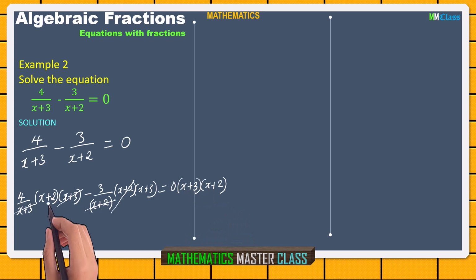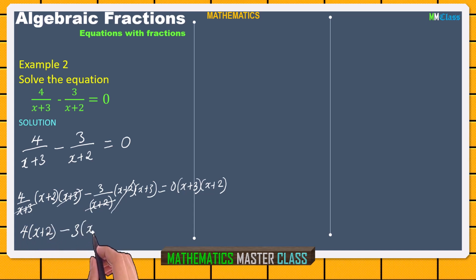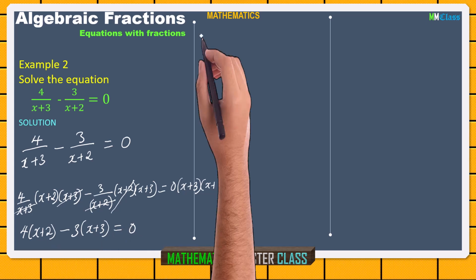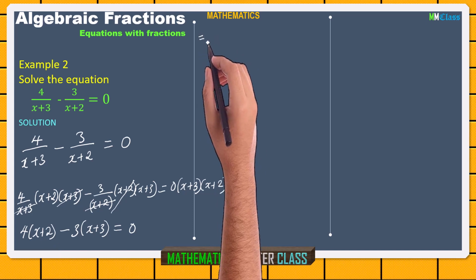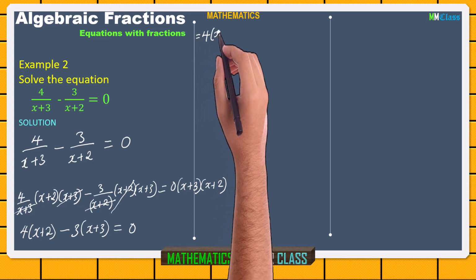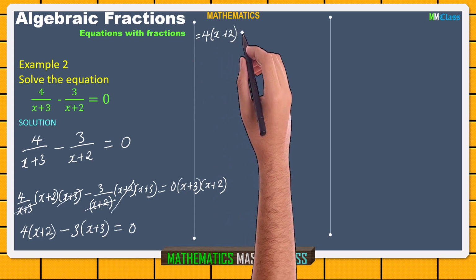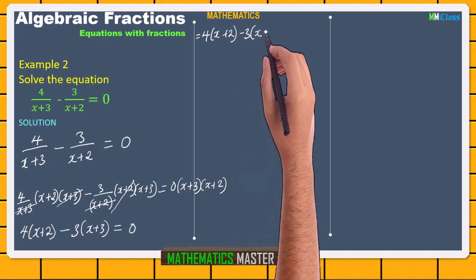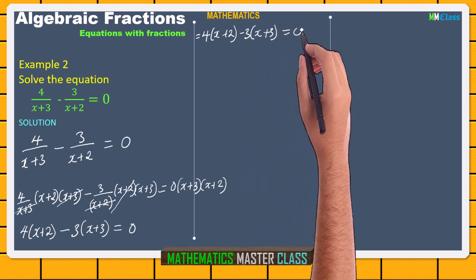So what we have left here is 4 open bracket x plus 2 minus 3 open bracket x plus 3, so it will be equal to 0. So it is now time for us to expand the bracket. That will be equal to 4 times x plus 2 minus 3 times x plus 3 is equal to 0.